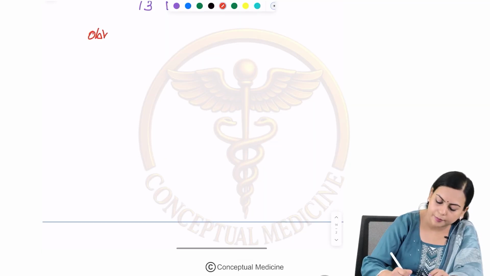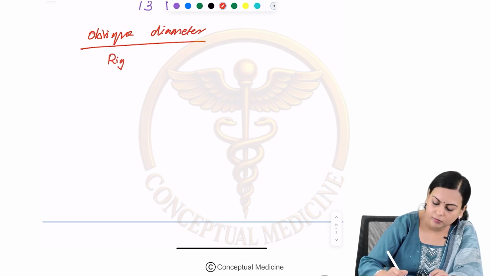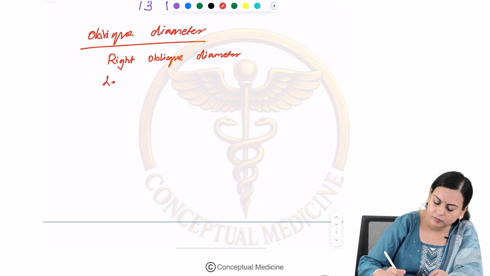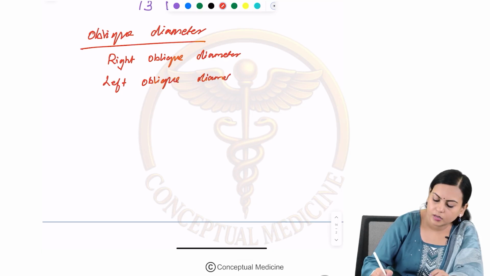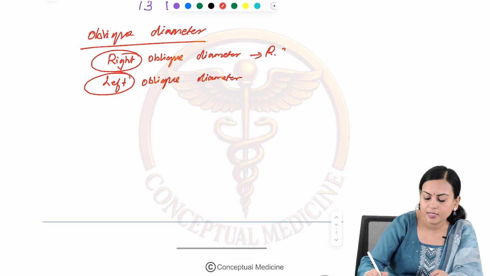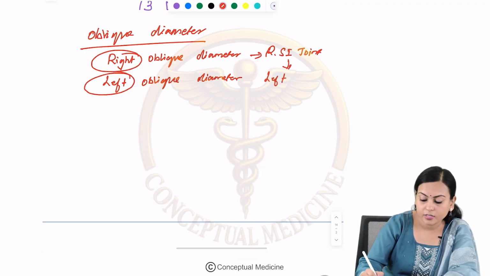We will see the oblique diameters. You have two oblique diameters. One is the right oblique diameter and the left oblique diameter. Remember, the right oblique diameter starts from the right sacroiliac joint, and it will be up to the left iliopubic eminence.